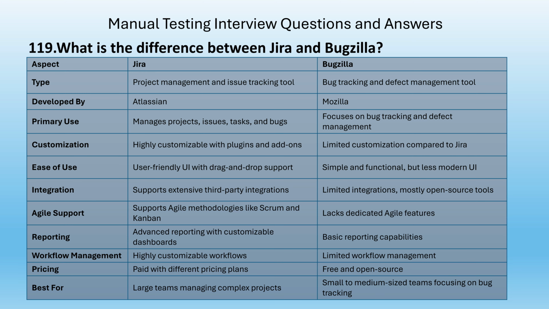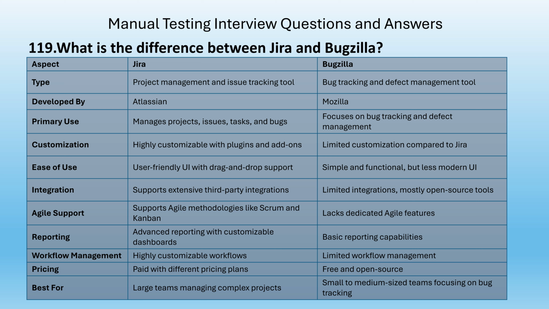Next question is, what is the difference between Jira and Bugzilla? So Jira is a project management and issue tracking tool; Bugzilla is a bug tracking and defect management tool. Jira is developed by Atlassian, Bugzilla by Mozilla. Jira's primary use is managing projects, issues, tasks, and bugs. Bugzilla's primary use focuses on bug tracking and defect management.